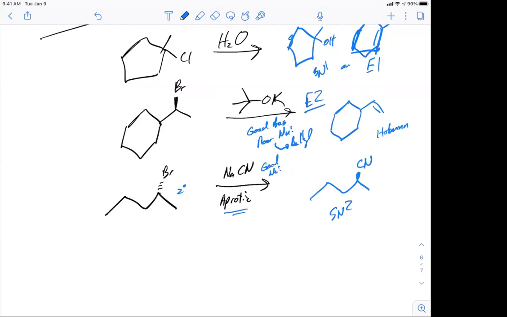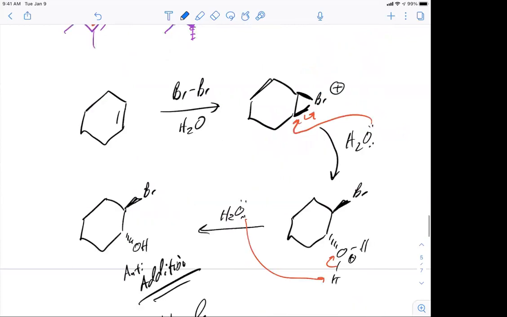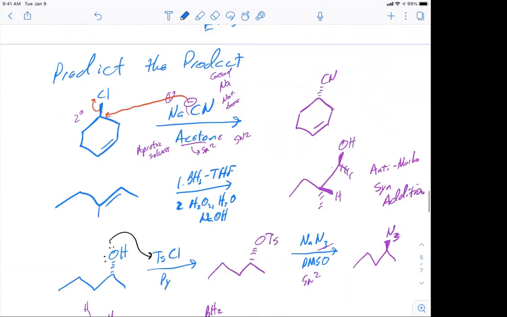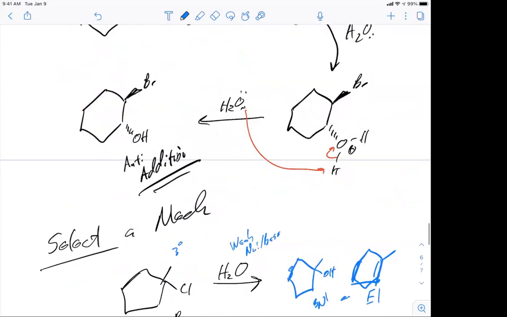Okay, the other part of knowing the reactions is predicting the reagents, right? So you'll need to predict the products, but you also need to predict the reagents, and we don't have enough time to go through some of those today. But you should be able to answer something like, how did I form this?